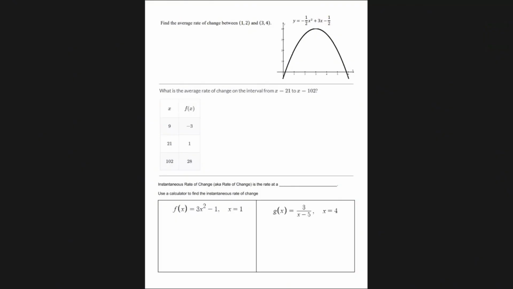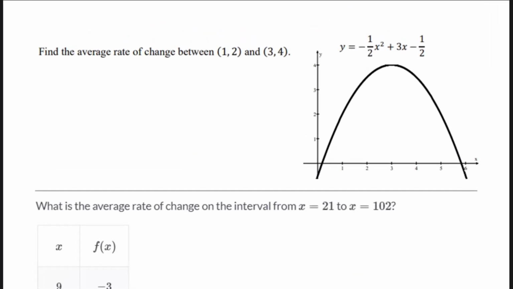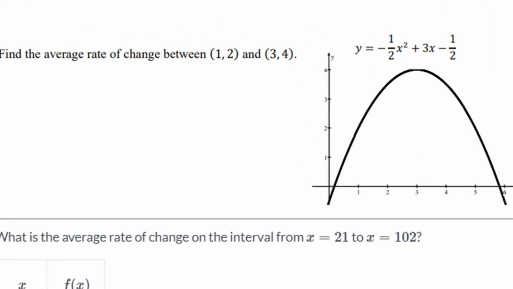All right. Page 2. Find the average rate of change between 1, 2, and 3, 4. So 1, 2 is going to live right here, and 3, 4 here. And bear with me here because it's not going to look that great.